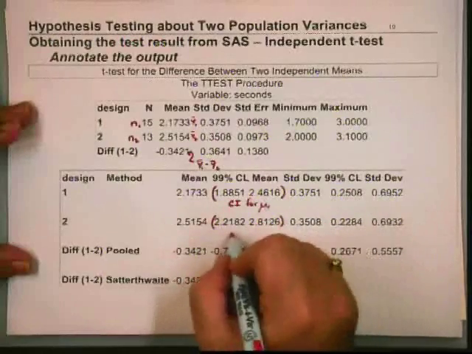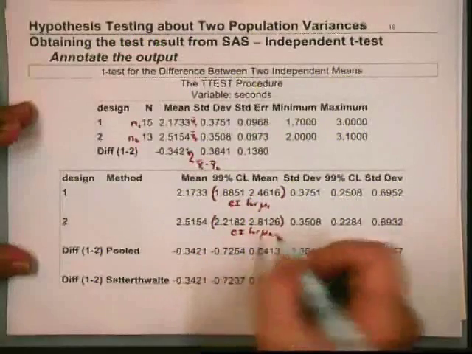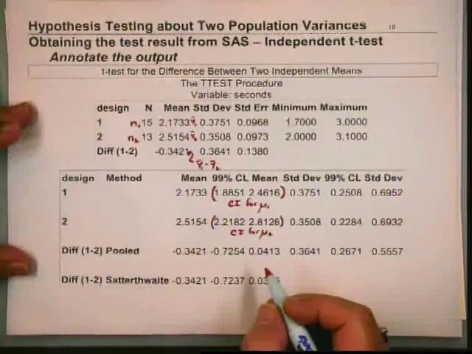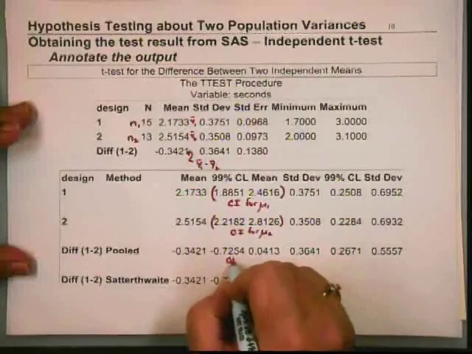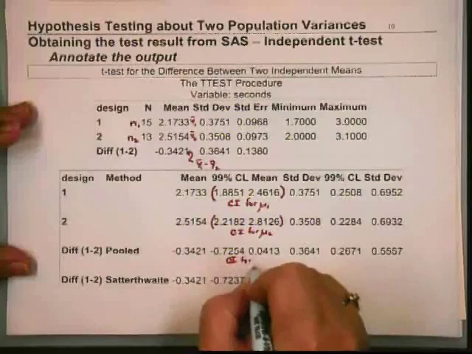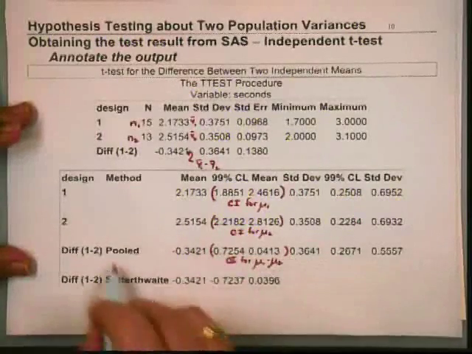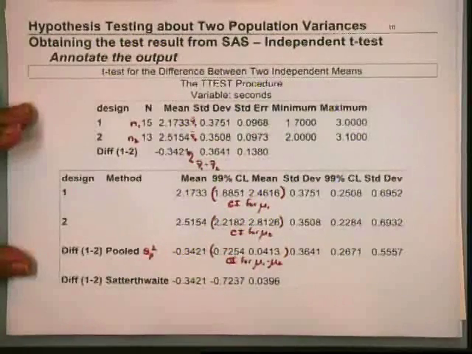Here's our confidence interval for mu2. This is our confidence interval for mu1 minus mu2, assuming we're using S sub p squared. It's reasonable to do that.